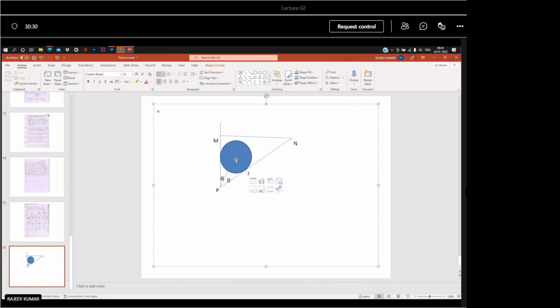So here it will become, this is the 2 theta it will become.